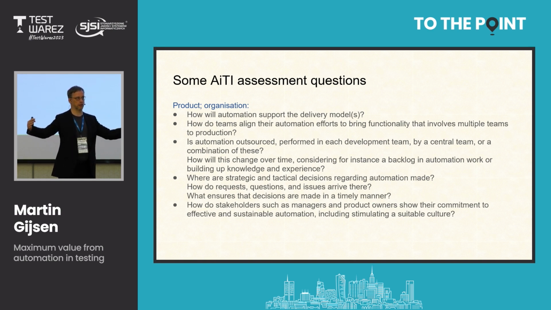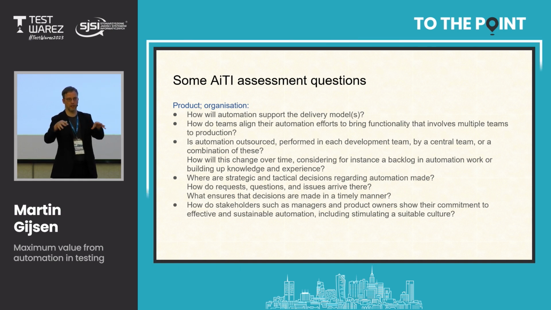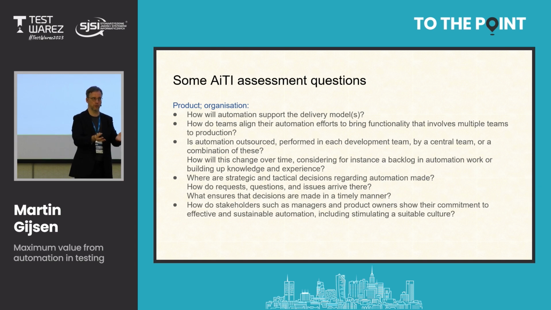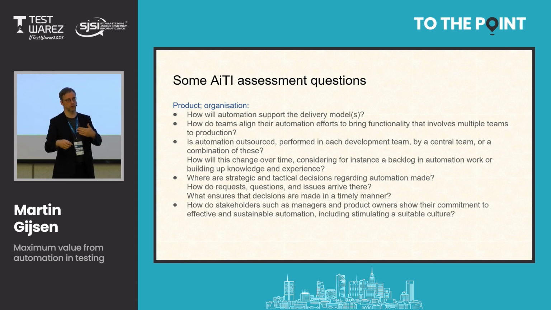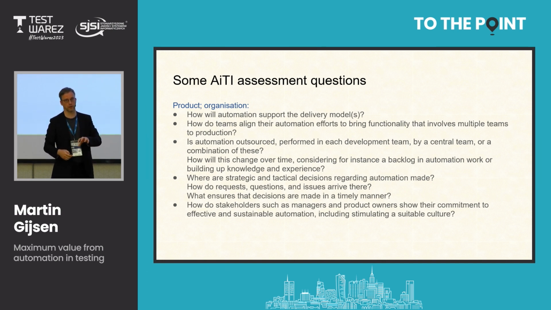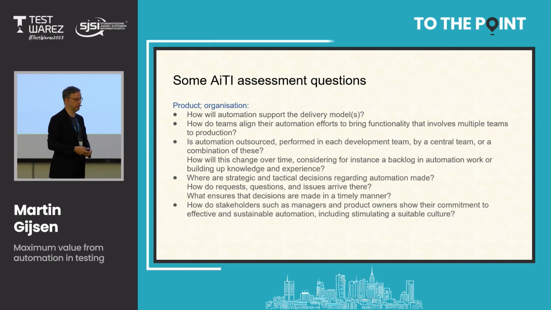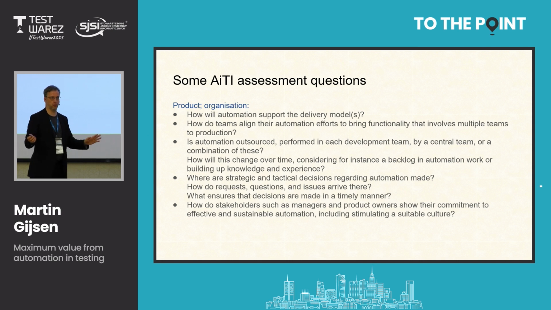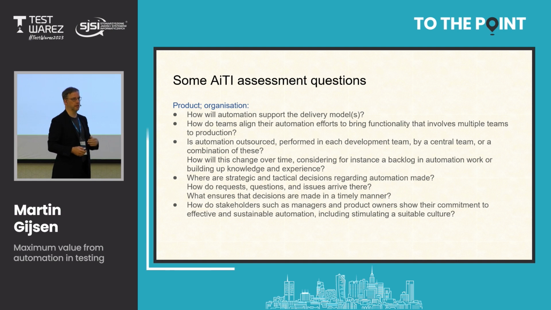If multiple teams are bringing stuff to production, how do you align that automation together? I mean, that's not just one team working, but teams working together. If you want end-to-end automation or acceptance test automation of the actual system, how do they work together? How will that fit together? Those are issues for the organization and the rest you can probably all read, so I won't list that for you. So these are examples of questions that will then help you to give a score and things to work on for each of those areas.